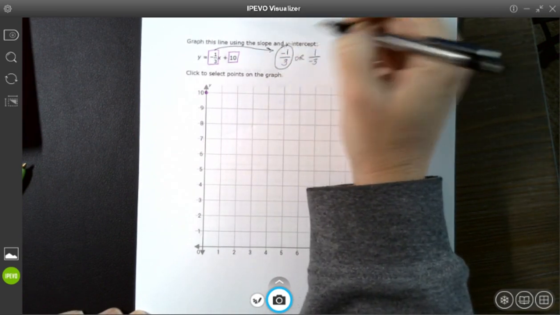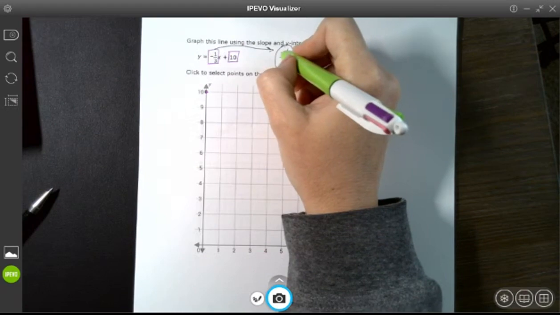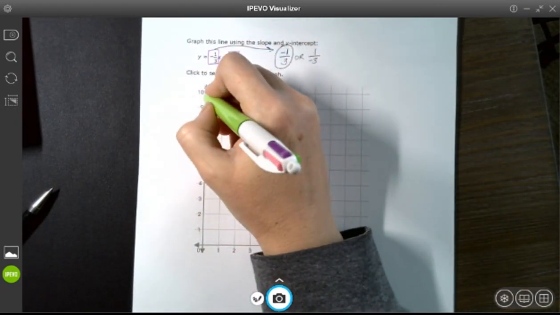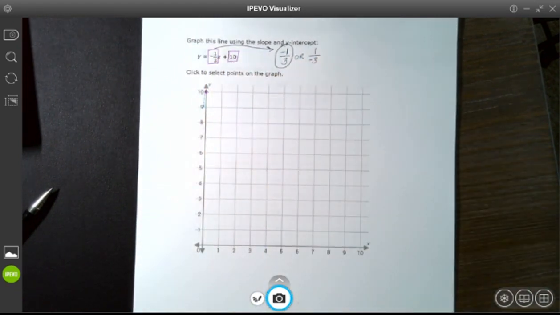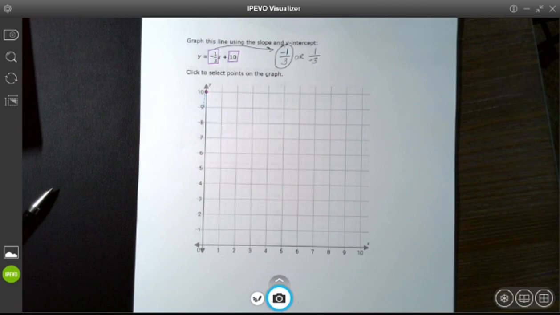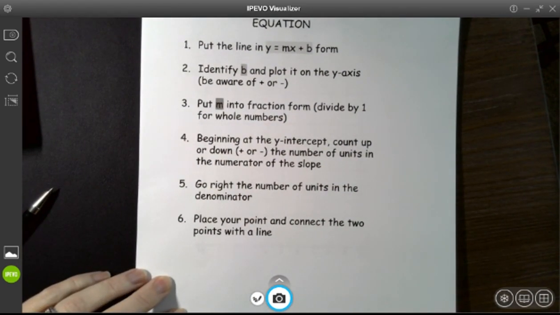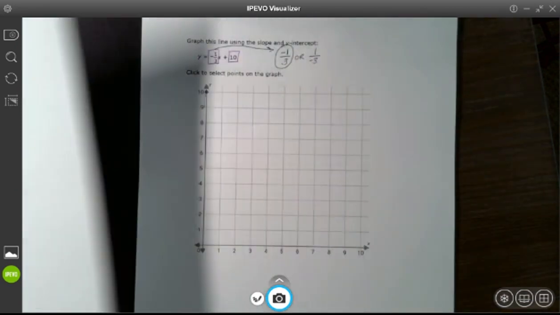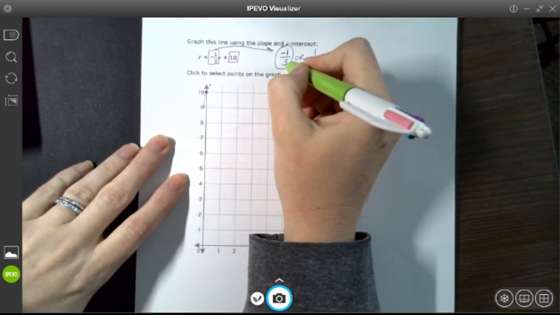I'm going to write it like that. And that allows me to know that I need to go down 1. All right. Step 5, go to the right the number of units in the denominator. So I'm going to go 3 to the right.